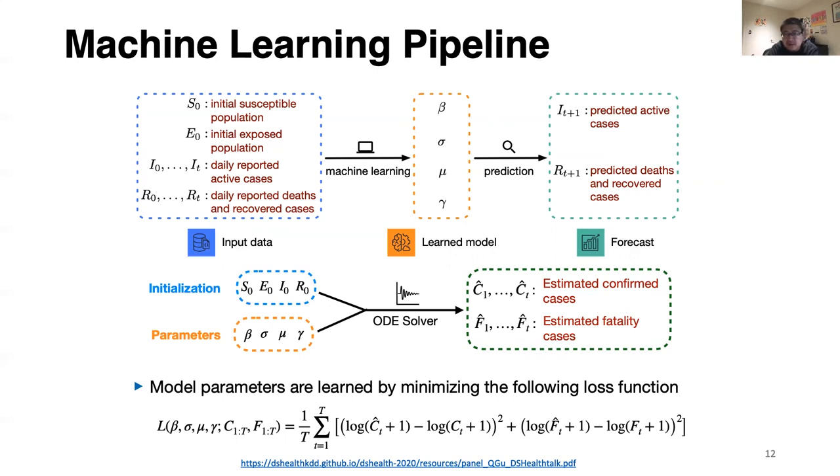And given all the initializations, IT and RT can be described as differentiable functions of all the parameters, and the model parameters can be optimized by minimizing the following loss function using some standard gradient based optimizers such as BFGS.